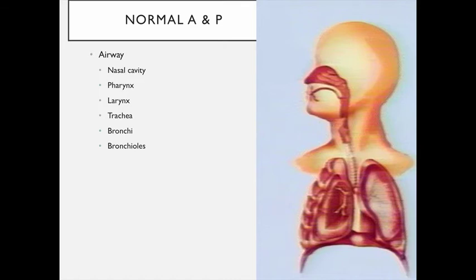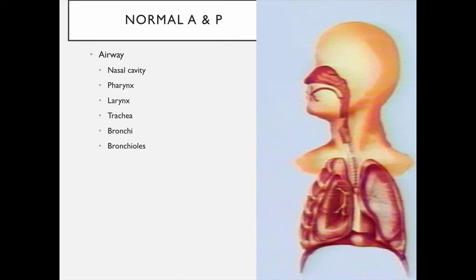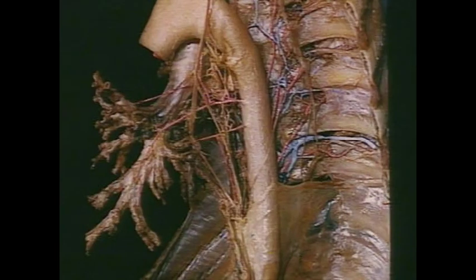Those are called the bronchioles. Let me back up. We don't see them in this picture, but then we would have the alveolar ducts and the alveoli, which we'll see in a picture in a few minutes. This is the breaking of the primary bronchi into the secondary, and ultimately tertiary. Those tubes get pretty small, so we're not going to be able to see them with our eyes.